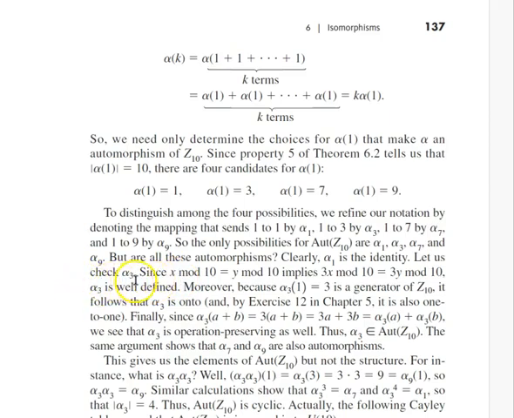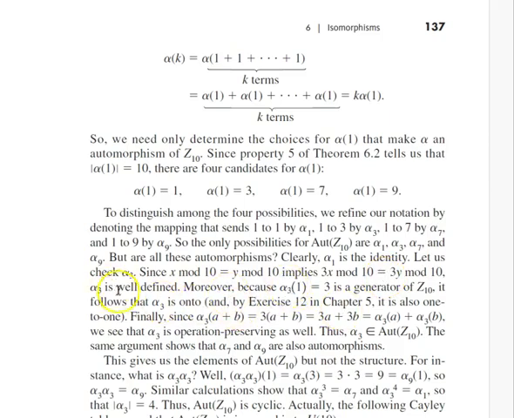Let's check alpha 3. Since x mod 10 is equal to y mod 10, this equality implies 3x mod 10 equals 3y mod 10. Those remainders are also equal.